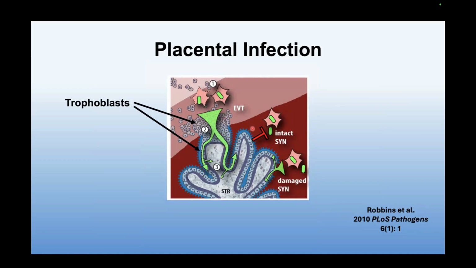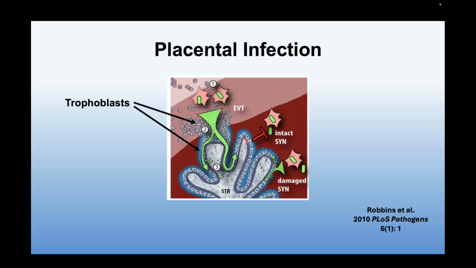It cannot get through the syncytial trophoblast. It cannot infect through that layer. That's a barrier for all kinds of things, especially bacterial infection. But it can get access to the syncytium through these extravillous trophoblasts, and then it can cross this basement membrane and get access to the fetus.